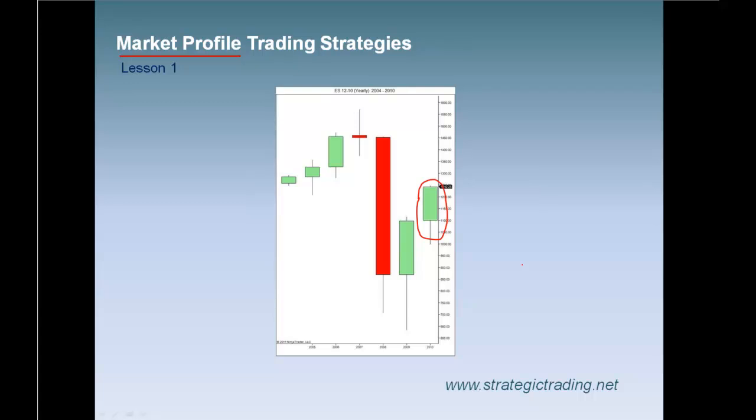Take a look at what's been happening over the course of the past 2 years. It does not take a great deal of expertise to see that we've had 2 extremely bullish candles, 2 very strong bullish candles after a year that was an incredibly large red candle.